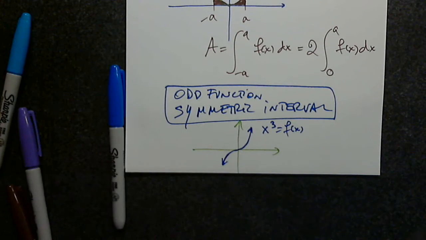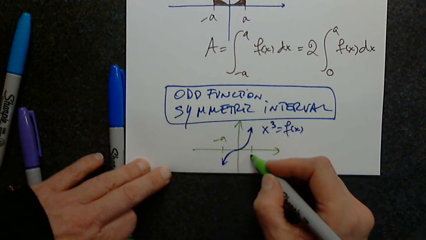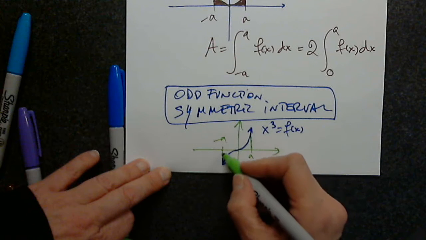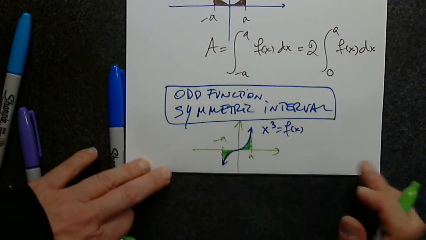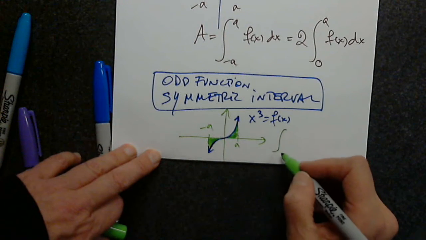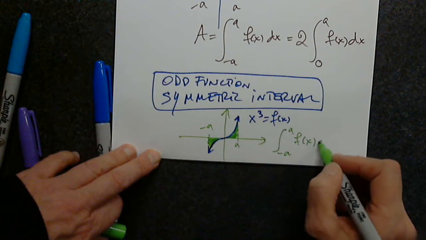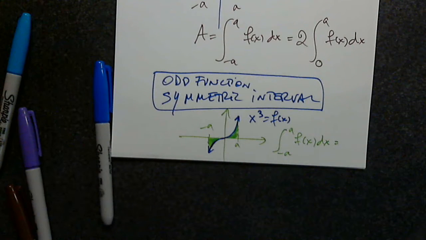And we're going to use a negative a and a positive a. And please tell me what is the integral from negative a to a of f of x dx when the function is odd. Of course.